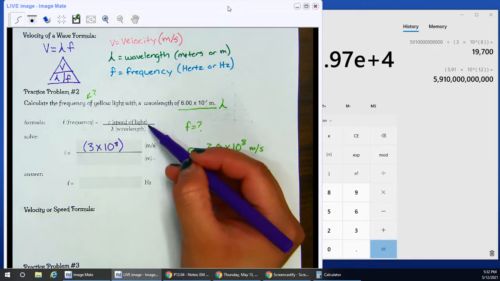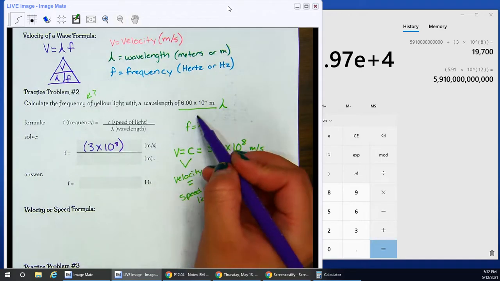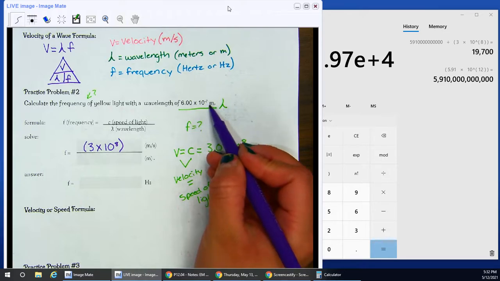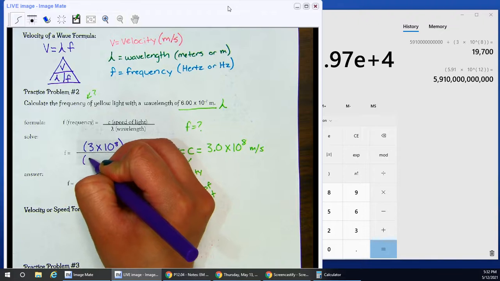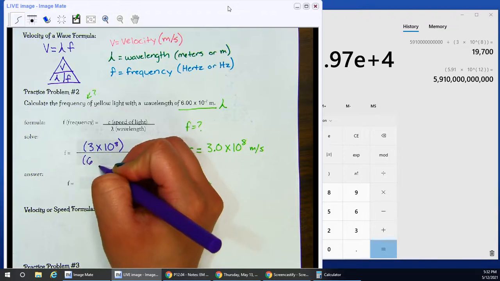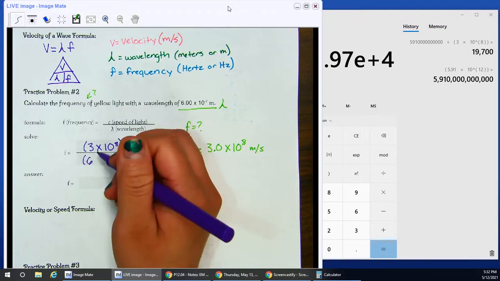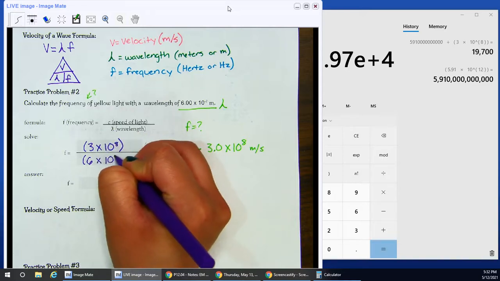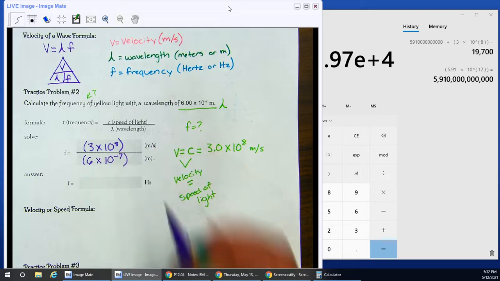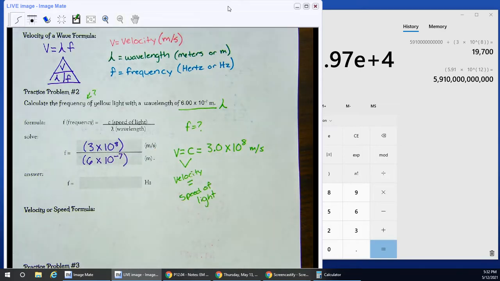For my wavelength, I'm going to put 6 times 10 to the negative 7th. I have to put it in parentheses too, don't forget. I'm not going to add the 0.00. You can if you want, but it's still the same thing as saying 6 times 10 to the negative 7th power, close parentheses. All right, let's do this on the calculator again.